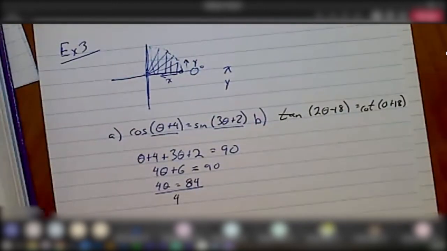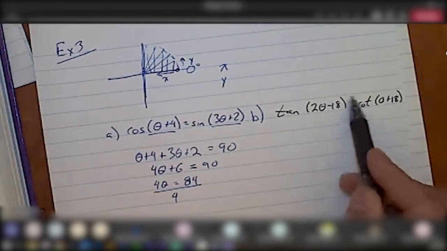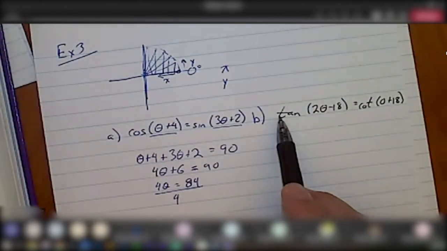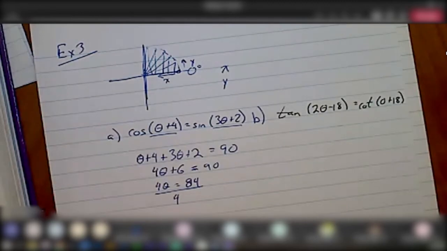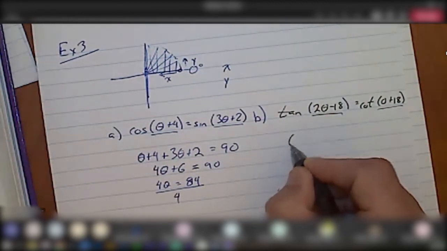That's weird, because we know tangent and cotangent are reciprocals of each other. Again, this doesn't happen often. The only way that tangent equals cotangent is if we're in the same triangle, which once again means that their angles have to be complements of each other.